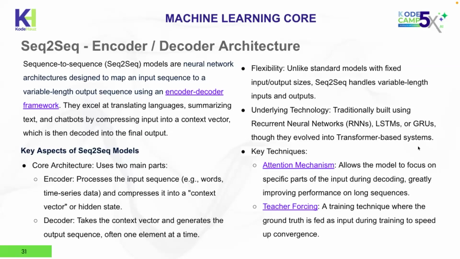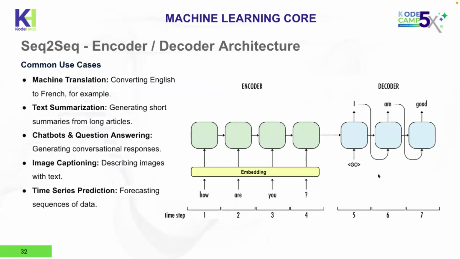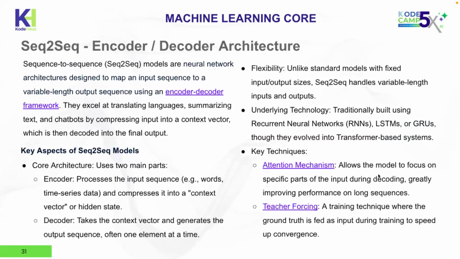So this allows the model to learn to focus on specific parts of the input during decoding, right? Those parts of the input, basically which words, if you're talking about language or sentences. But if it's other kinds of input like speech, sound, and so on, they may not be words, but whatever the smallest unit of those things are. So anyway, we'll talk about attention later on, but those were two big things.